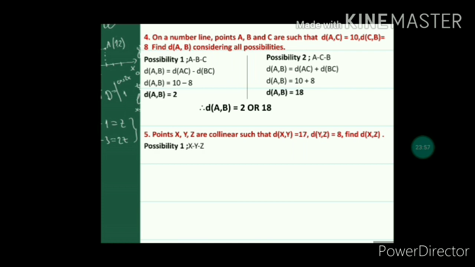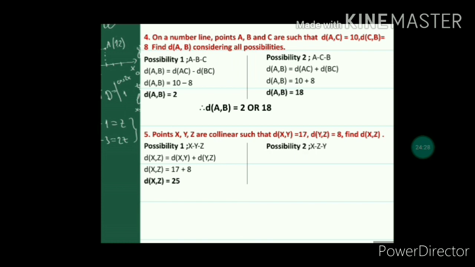First possibility is Y in between X and Z. Therefore, distance of XZ is equal to distance of XY plus distance of YZ. Therefore, distance of XZ is equal to 17 plus 8. Therefore, distance of XZ is equal to 25.